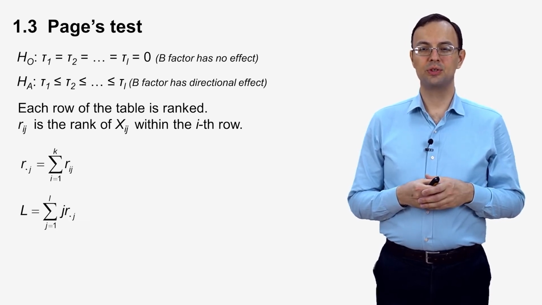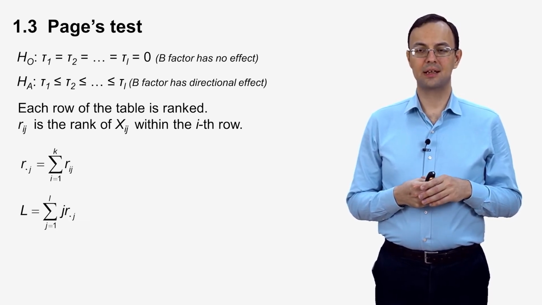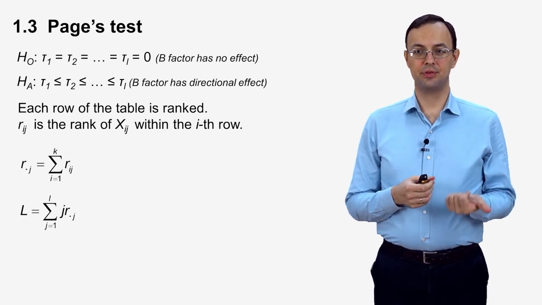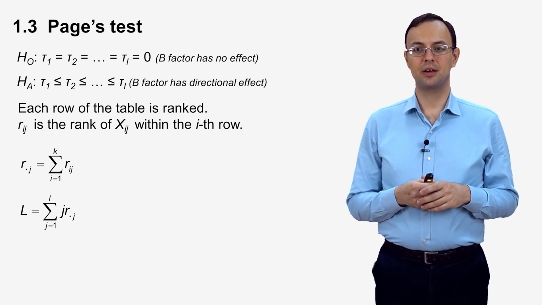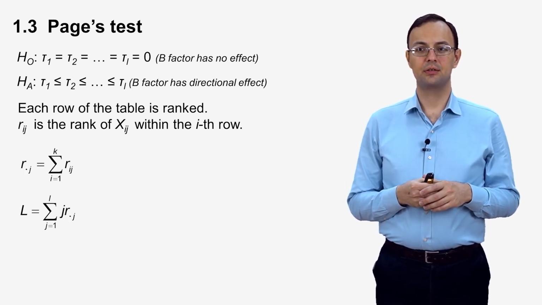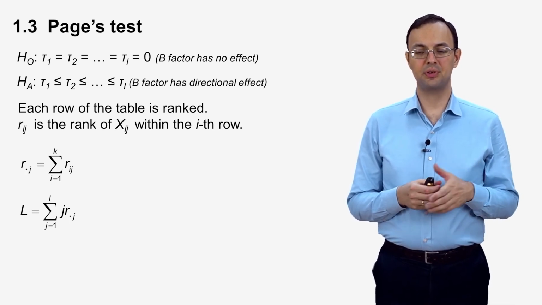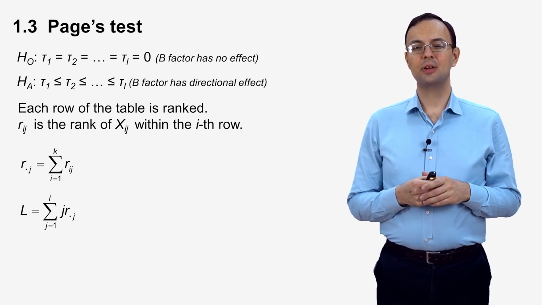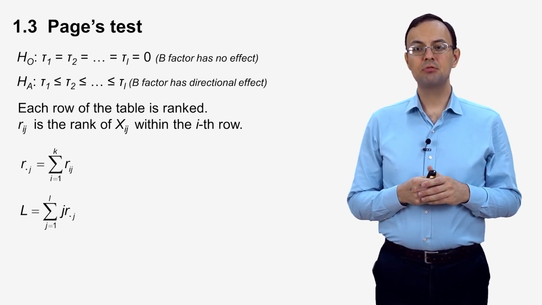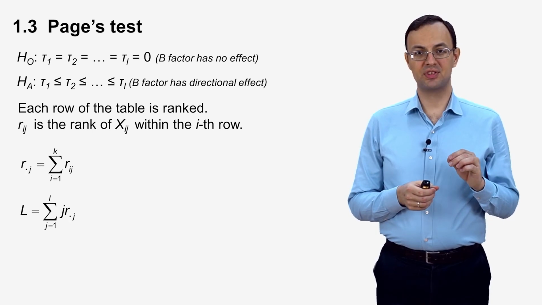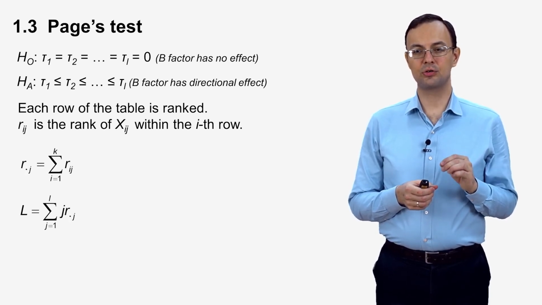We also rank each row of the table as in Friedman's test, so Rij is the rank of Xij within the ith row. This is absolutely the same as in the previous test. But then we calculate not the mean ranks for different columns of the table, but sums of ranks. So R dot j is the sum of ranks that are in the jth column of the table.